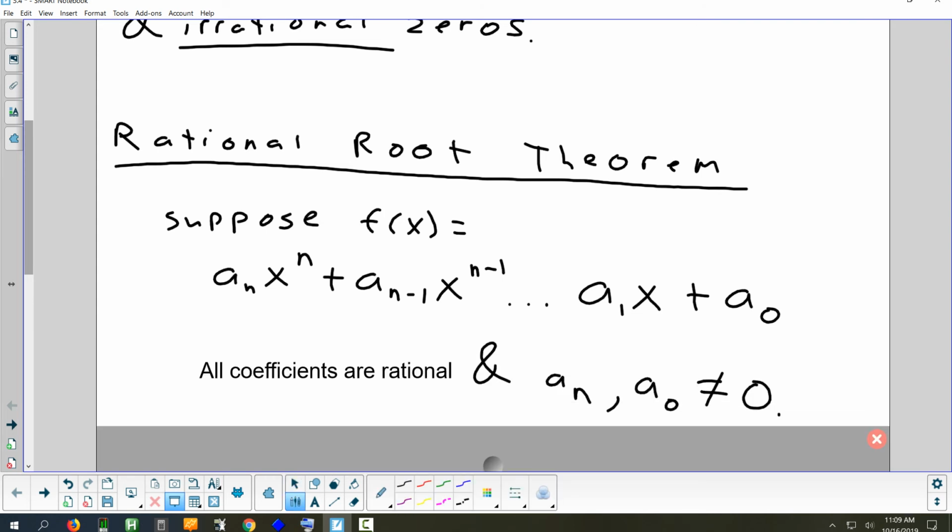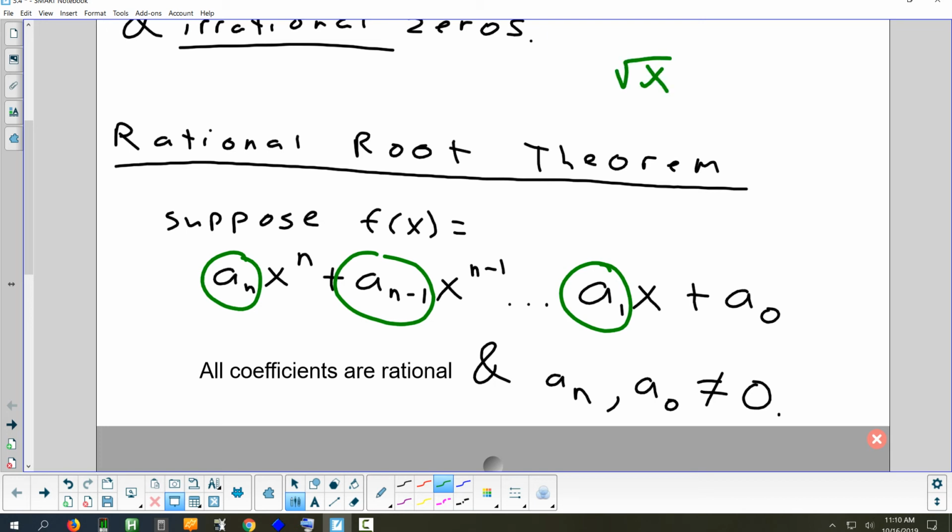Now, a couple important things have to happen. All the coefficients, the numbers in front of the x's that I'm circling, have to be rational. This theorem would not work on a problem like this: square root of 2 x squared minus 3x plus 1.